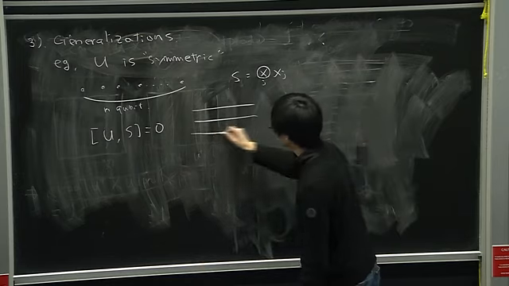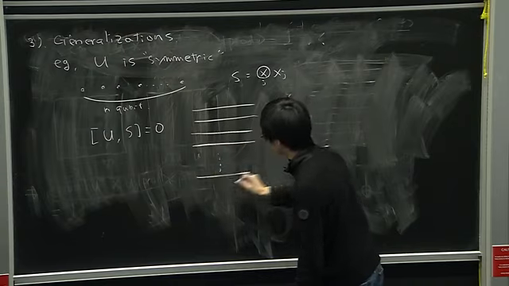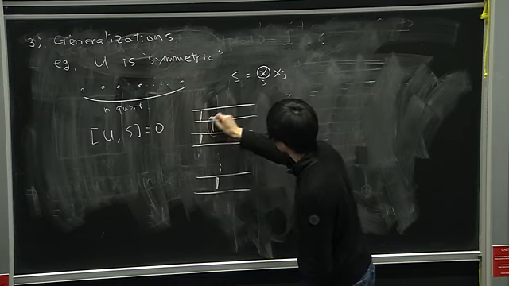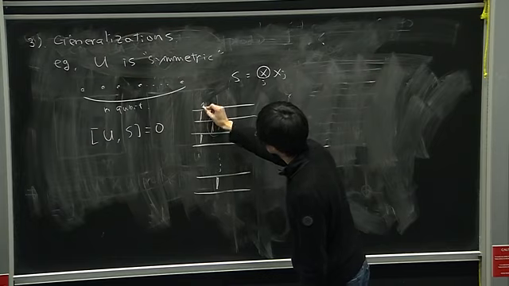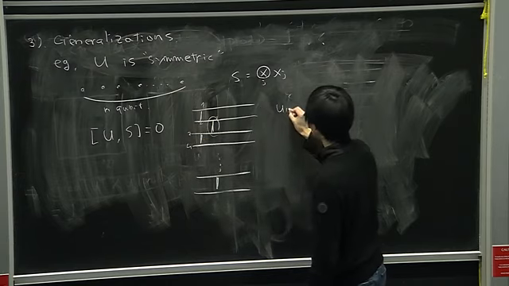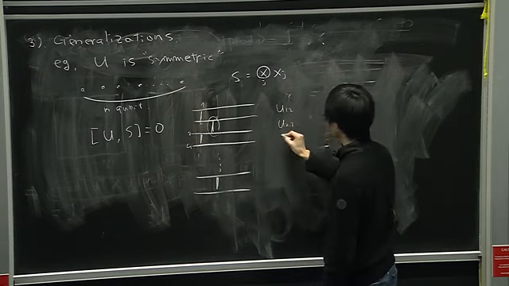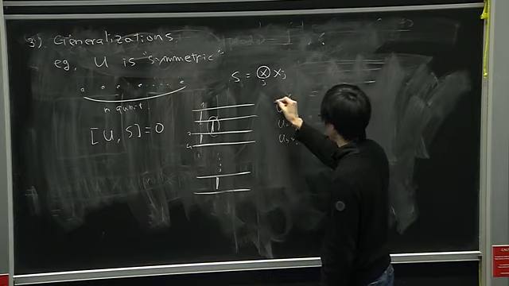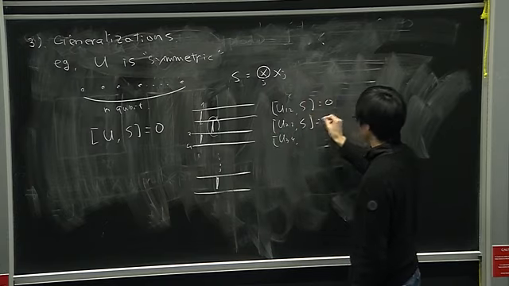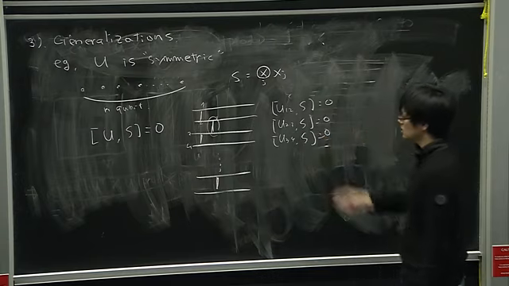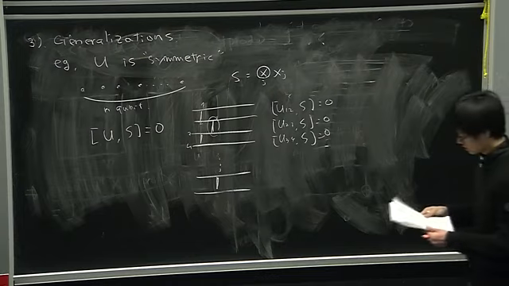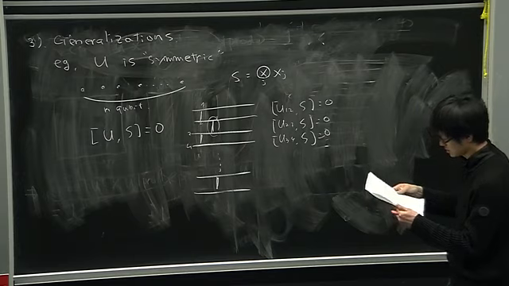When you implement such gates, let's say on qubits 1, 2, 3, 4, so this U12 or U23 and so on, all these operators should commute with this imposed symmetry. That is how you can think about the symmetry imposed in this system.